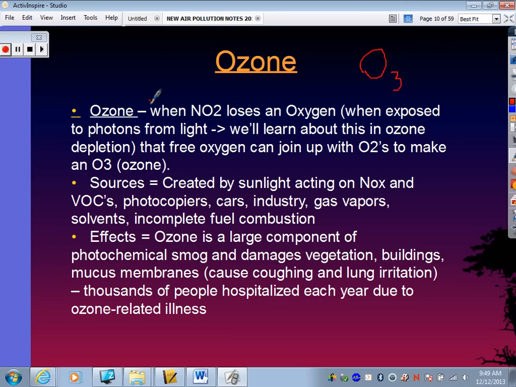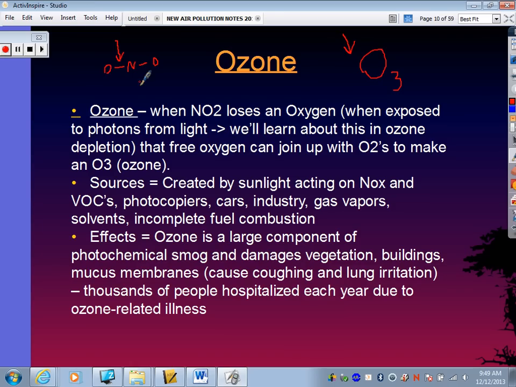So ozone can form when an NO2, nitrogen dioxide, loses an oxygen, and that's going to happen a lot as oxygens break loose from molecules when the sun beams down. So the sun is going to shine its rays down, and if you've got an NO2, so you've got N with an O and another O, the sun rays can shine down on it and break off these oxygens off of the ends.